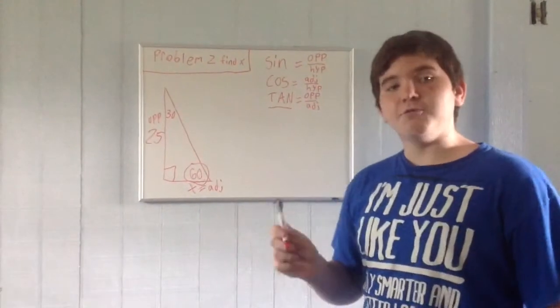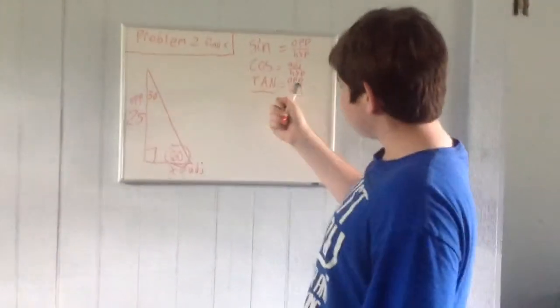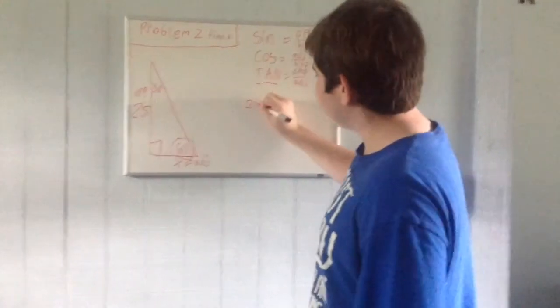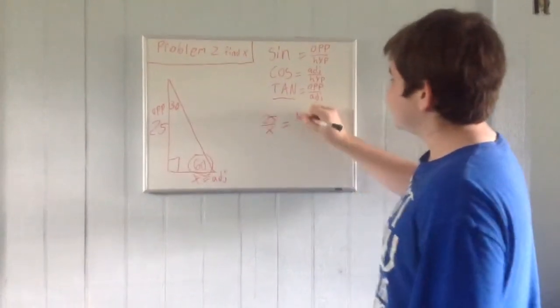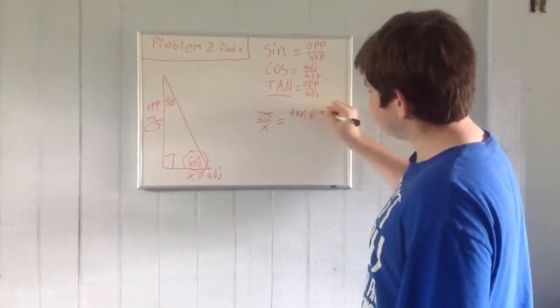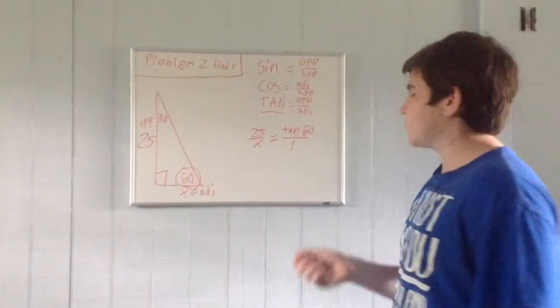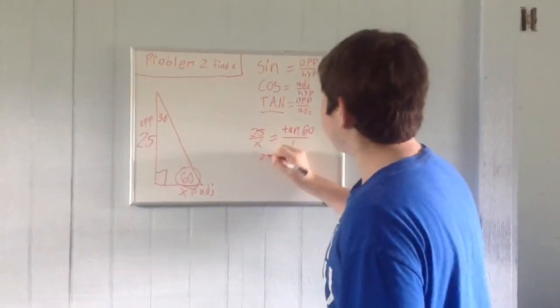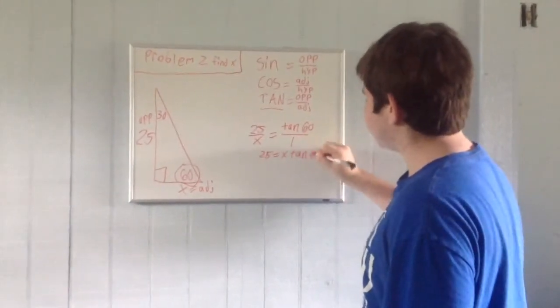So now that we know that, we can set up a proportion. We can say that opposite, 25, over adjacent, x, equals tan 60 over 1. Now it's as simple as just cross multiplying. It becomes 25 equals x tangent 60.